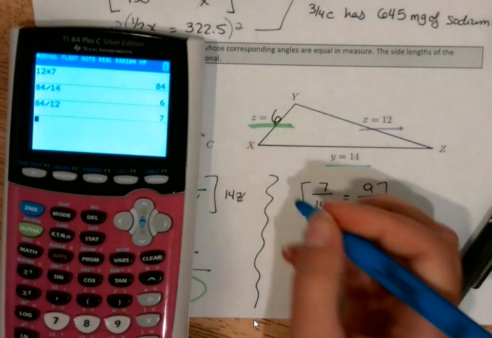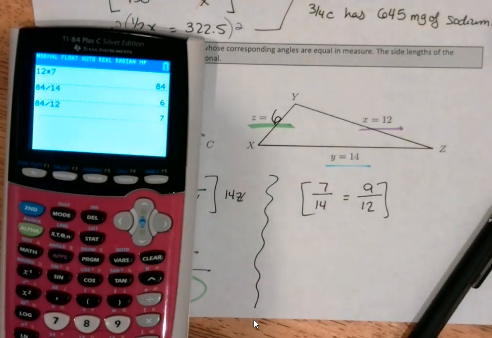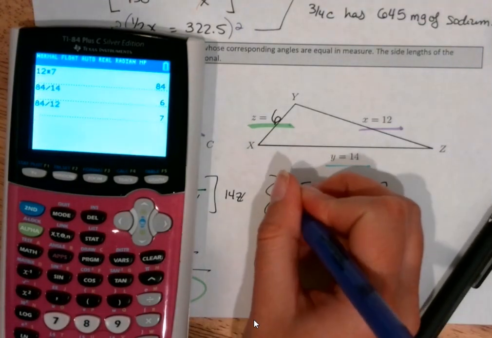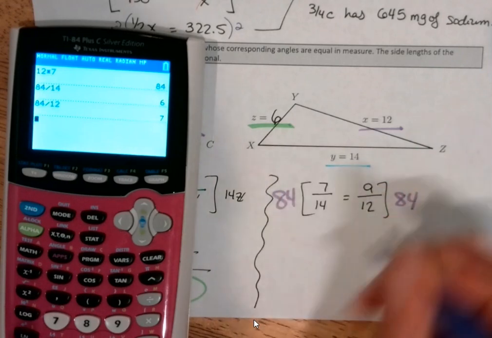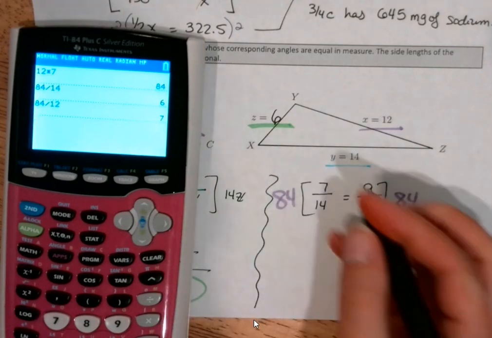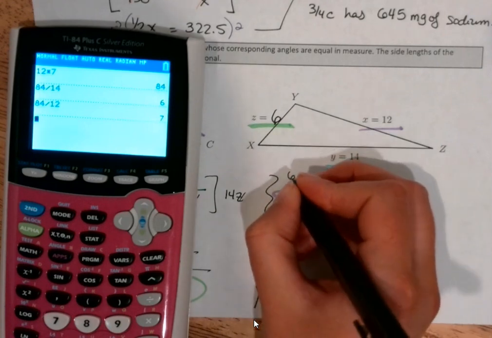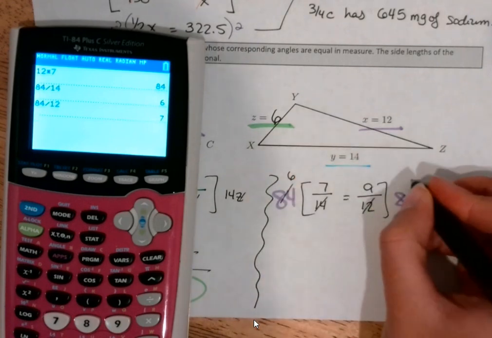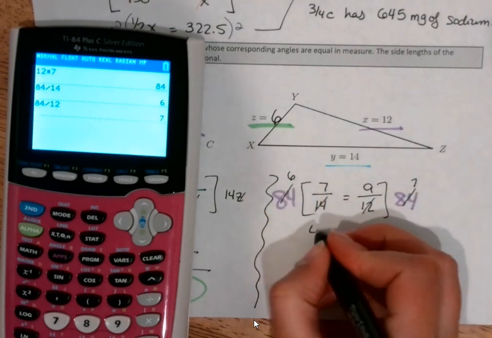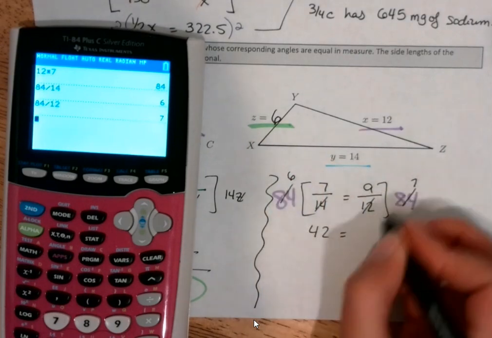So we're going to multiply both sides by 84. And I already know that 14 goes into 84 6 times, and 12 goes into 84 7 times. So I have 6 times 7 is 42, equals A times 7 is 7A.